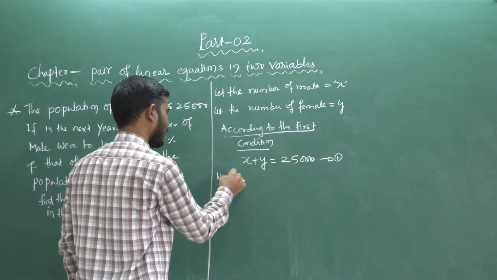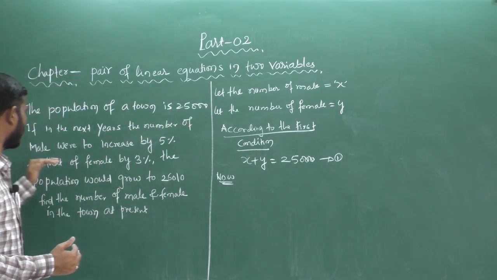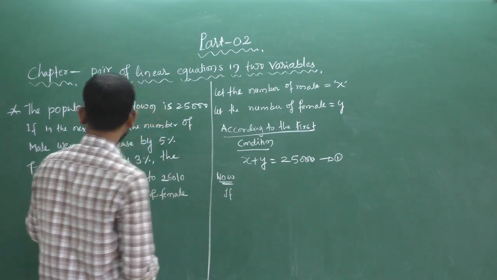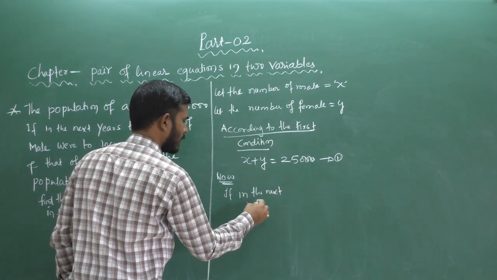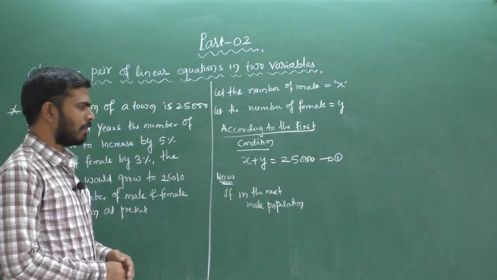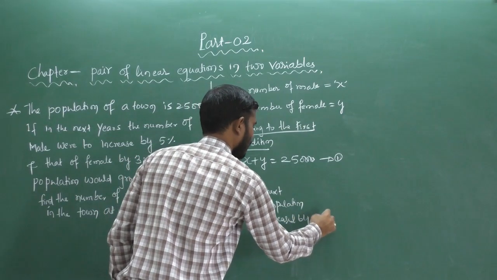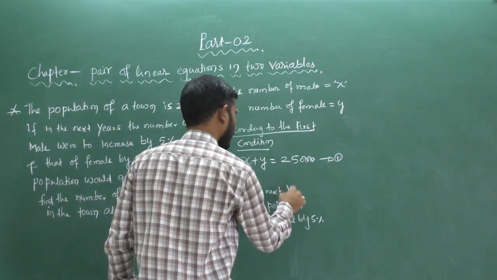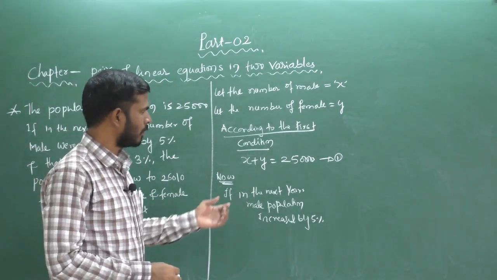But now the next sentence is given. If in the next year the number of males were increased by 5%, if in the next year the male population is increased by 5%, then the present population is how much?